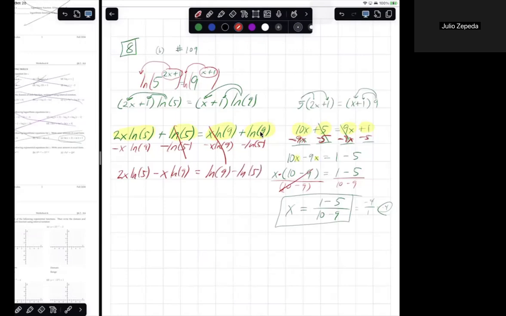And so how do we solve this? Well, just like earlier, if they both have an x, we can factor out the x, and we get x times (2 times the natural log of 5 minus the natural log of 9) equals the natural log of 9 minus the natural log of 5. And so we have x times something.